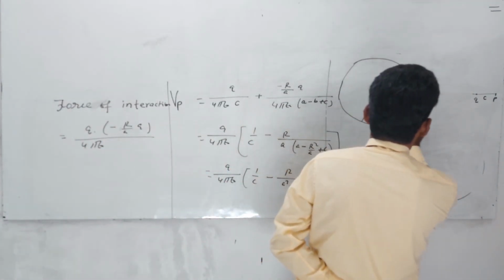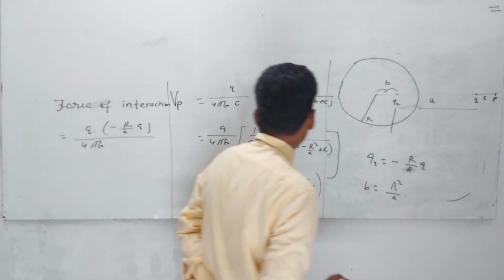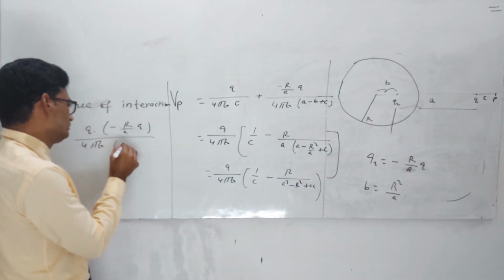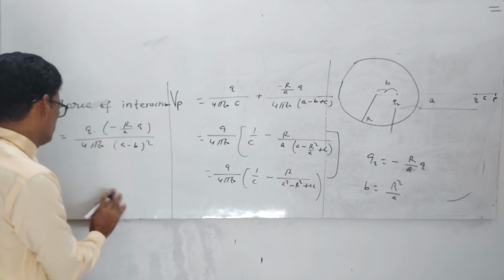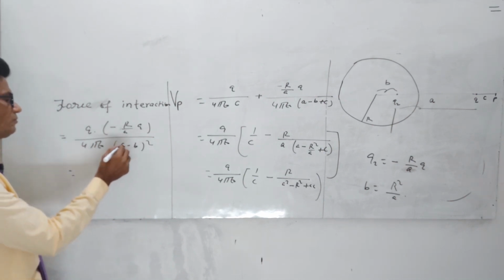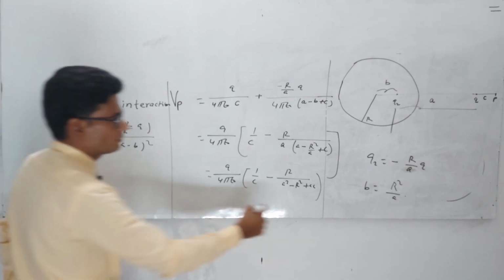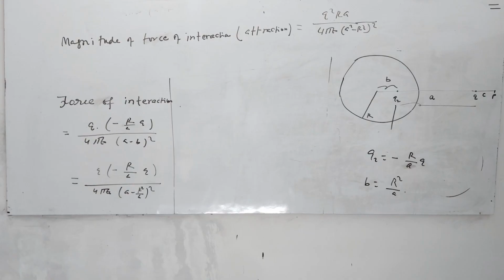This is the distance between these two, A minus B, A minus B whole square. So this is equal to A, where B is R square over A. Now we have to simplify.